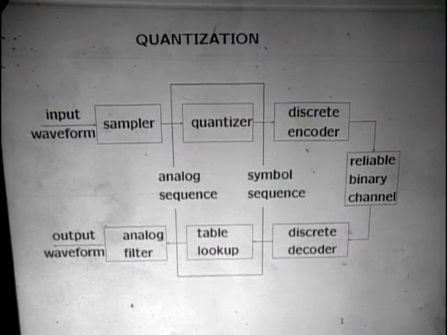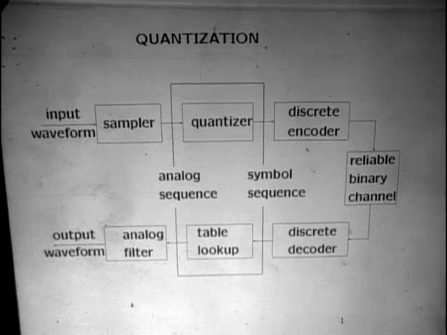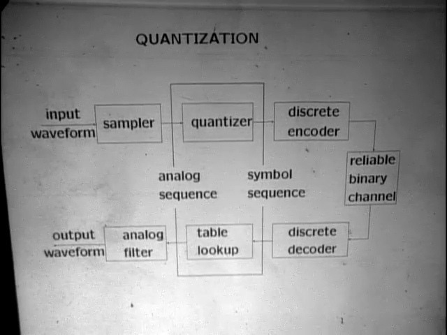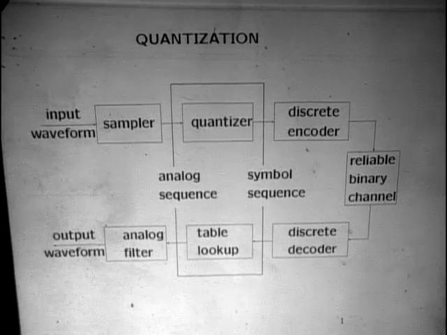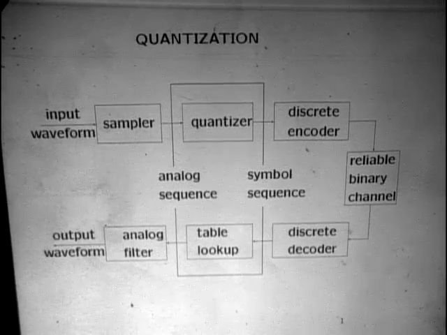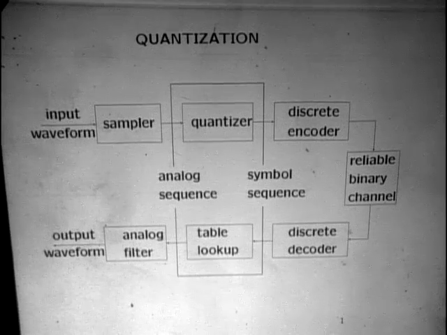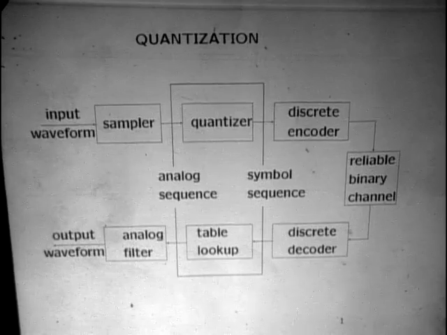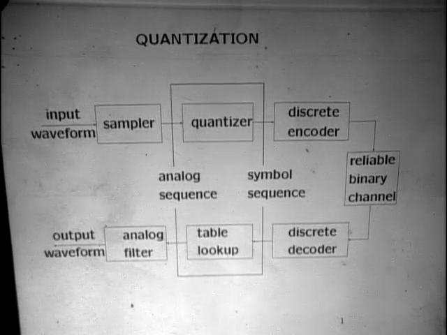The typical way to encode waveforms is you first either sample the waveform or you expand it in some kind of expansion. When you do that, you wind up with a sequence of numbers. You put the sequence of numbers into a quantizer, and the quantizer reduces that to a discrete alphabet.